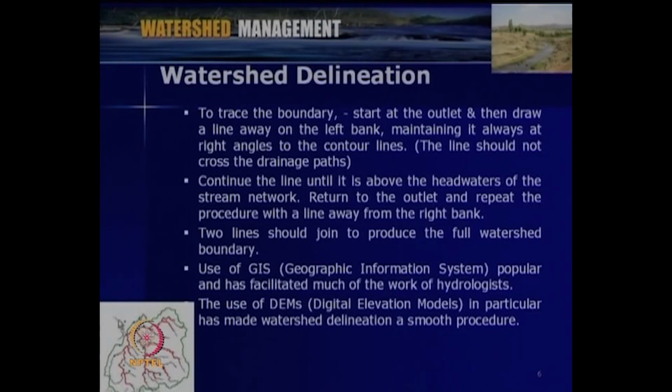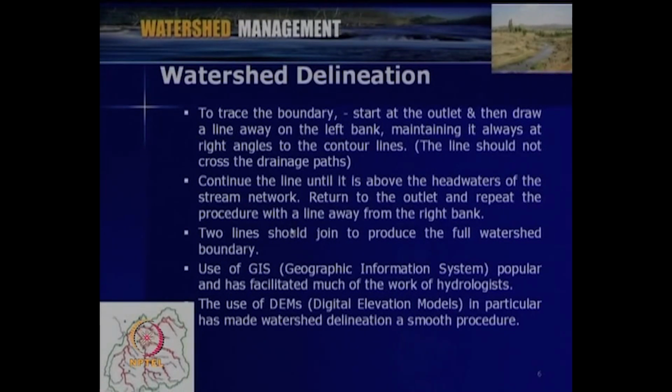For example, in this figure, if this is our outlet of the watershed, we can start like this, and if the contour lines are known from the topo sheet, we can go like this, and finally we can come back, so that the watershed is delineated. Two lines should join to produce the full watershed boundary. So, starting like this, finally we will be coming back to the end. That gives the delineated watershed.